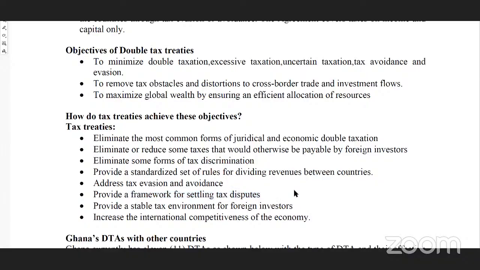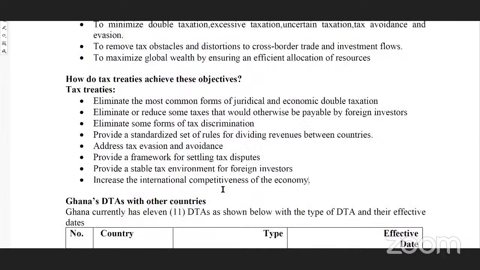Do you remember the mutual assistance in tax matters, the non-discrimination, mutual agreement procedures, exchange of information? These are always for settling disputes. They provide a stable tax environment for foreign investors. They also protect shipping and air transport businesses by giving them exemptions, and they increase the international competitiveness of the economy. This can also be used as the advantages of DTAs.